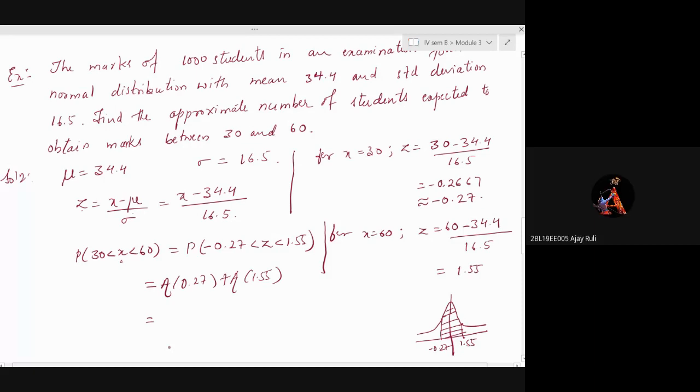0.1064. For 1.55 it was 0.4394. Total value 0.5458.